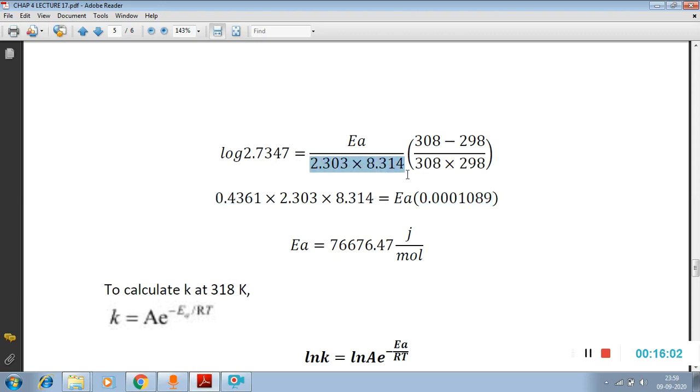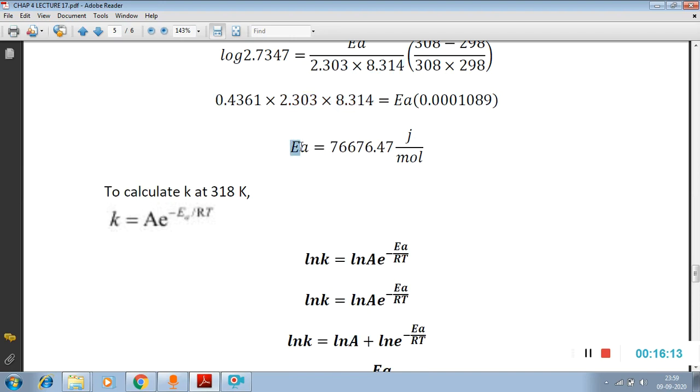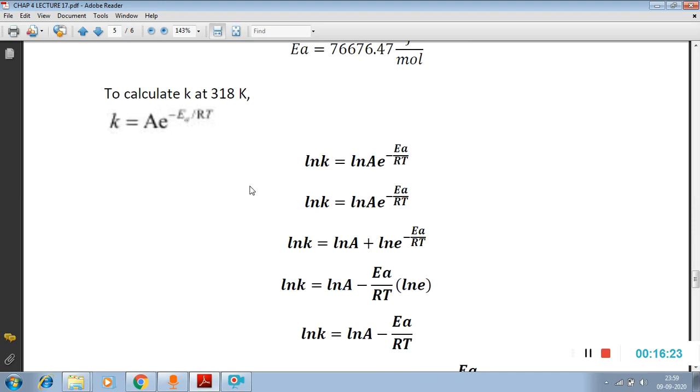These two values are in division here, so that will be in multiplication on the other side of the equal to. So you will get EA, activation energy, is equal to 76676.47 joule per mole.